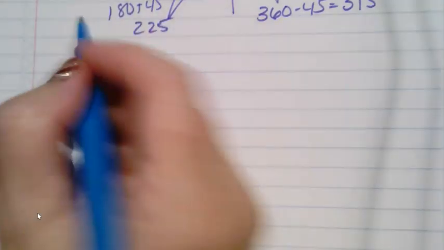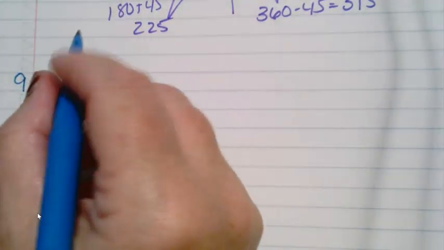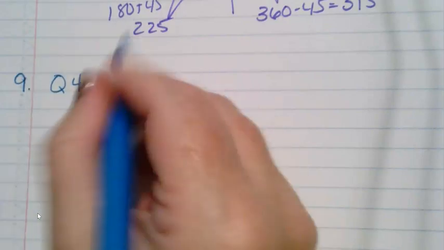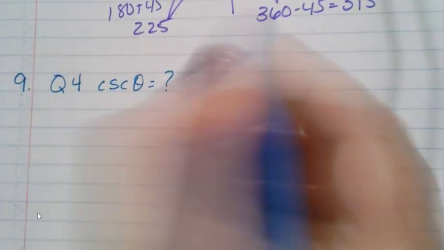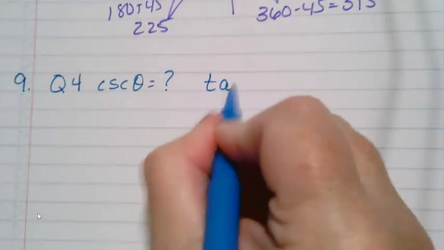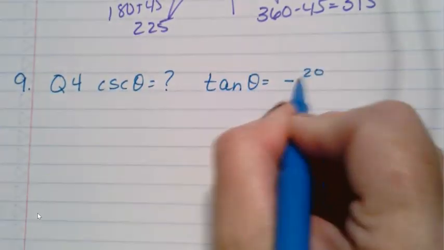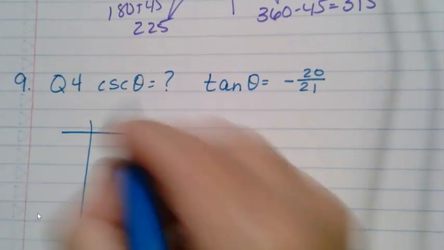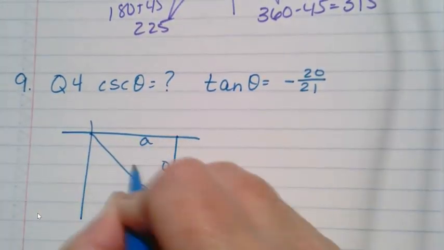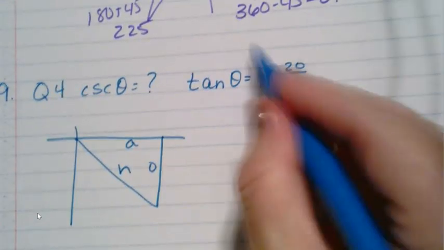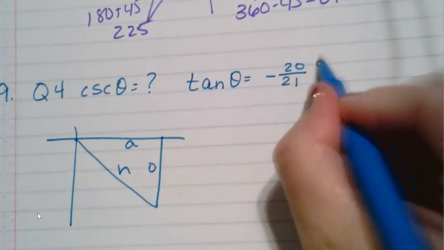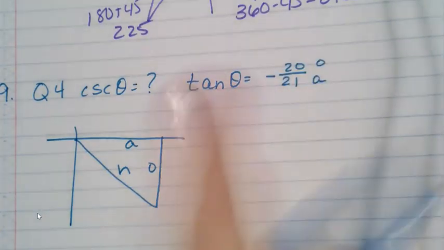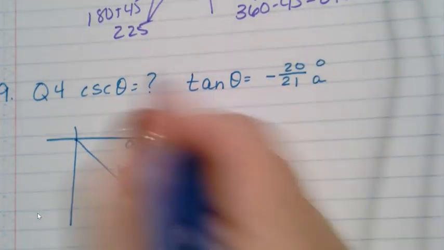Number 9. Okay, so quadrant 4. What is cosecant if tangent is negative 20 over 21? So quadrant 4, AOH. So unlike those other ones, here they're telling us tangent equals. So we know that this is O and this is A. We don't know which one the negative goes to, so let's place the numbers down first.